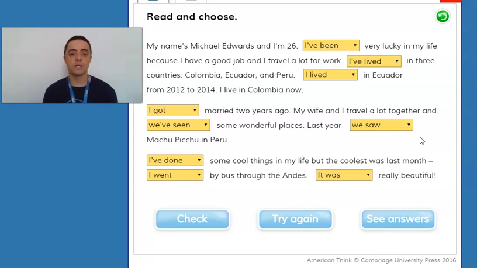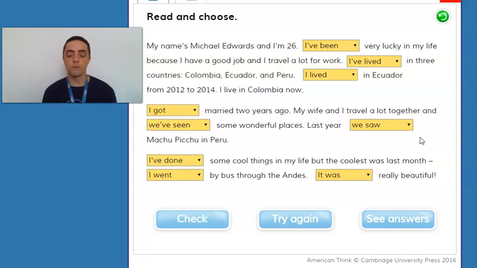I live in Colombia now. I got married 2 years ago. My wife and I travel a lot together and we've seen some wonderful places. Last year, we saw Machu Picchu in Peru. I've done some cool things in my life, but the coolest was last month. I went by bus through the Andes.